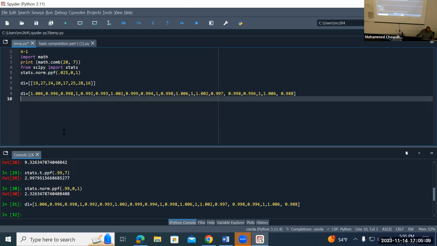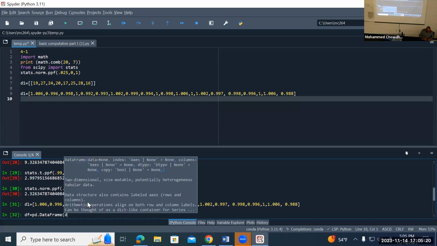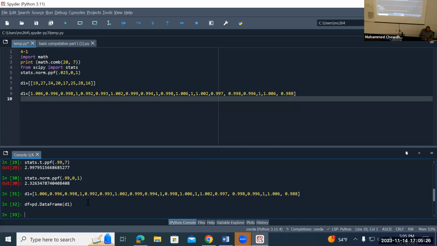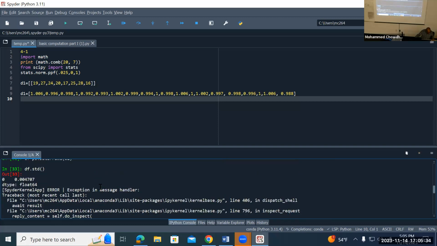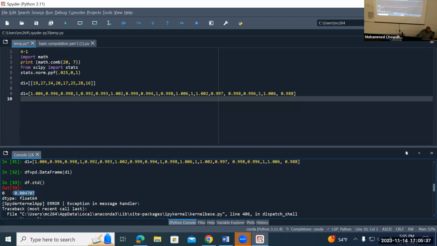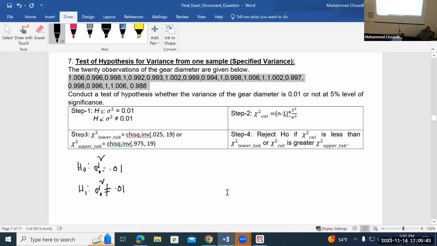Enter, data has been run. Now I have to do df equal to pd.DataFrame, then I put here d1. Now I want to put df.std. I found my std equal to 0.0047. Understand? 0.0047 I have found. So let me plug the value in there. Step 1 is done.